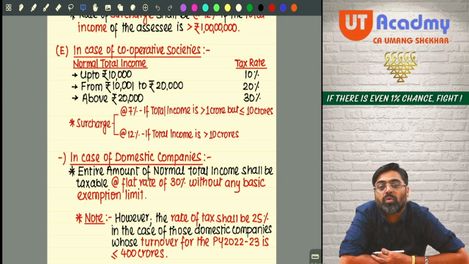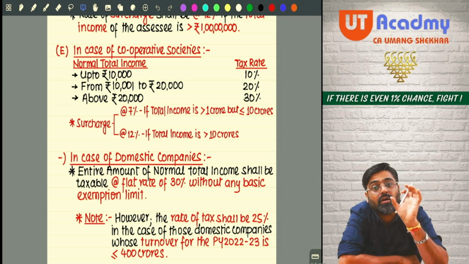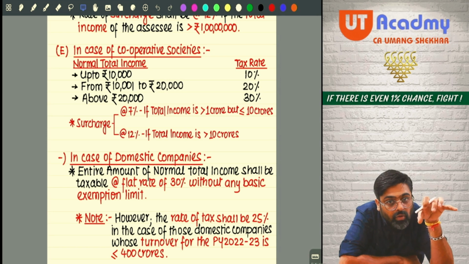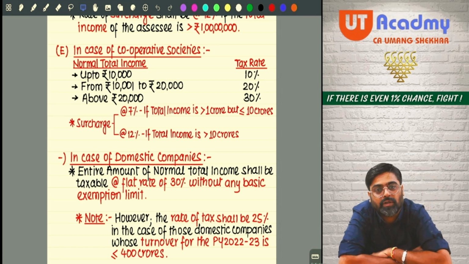So, for example, their total income is 5 lakh rupees. Normal total income I am talking about. So, if there is a cooperative society earning normal total income of rupees 5 lakhs, first 10,000, 10%, meaning 1,000 rupees. Then 10,000 to 20,000, meaning another 10,000 rupees, you are supposed to pay 20%. Now it will be how much? 2,000 rupees.